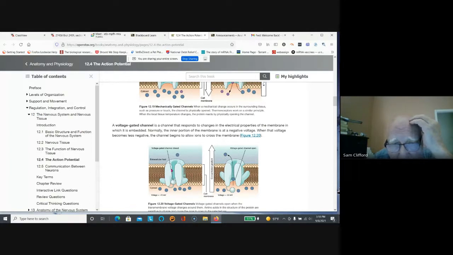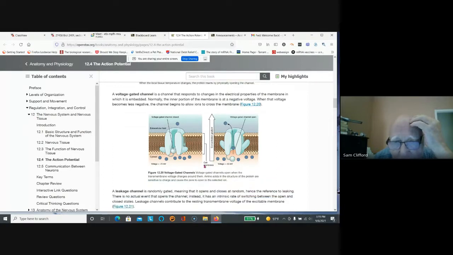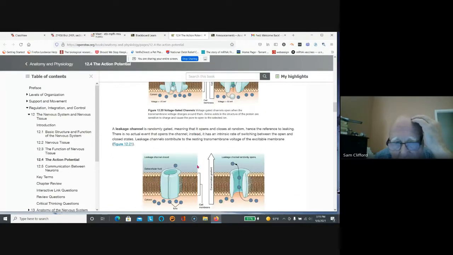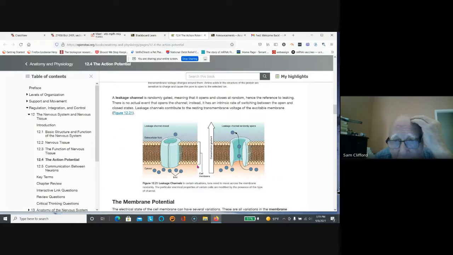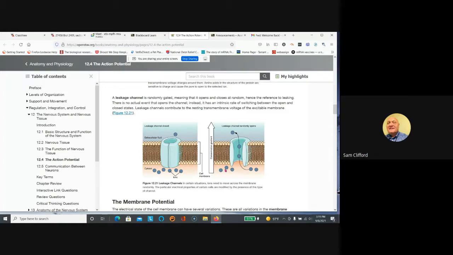Okay, so anyway, some channels open in respect to changes in voltage. And how does voltage change? By the flow of potassium out, for instance. Those are voltage-gated channels. There are other channels that leak. They leak potassium out and they leak sodium in.